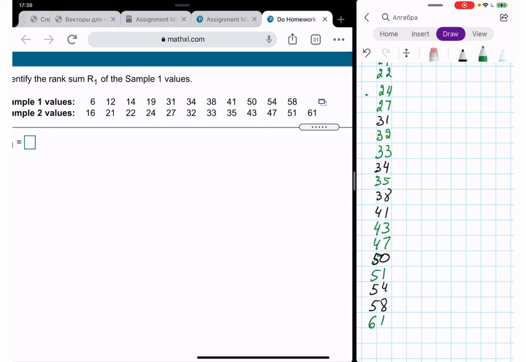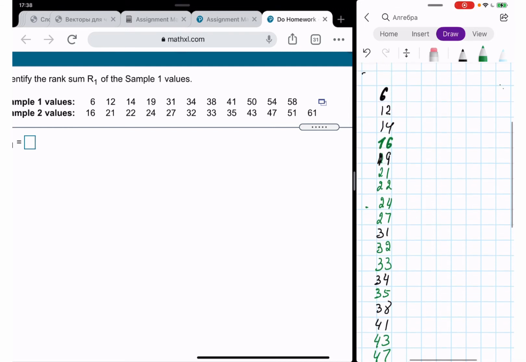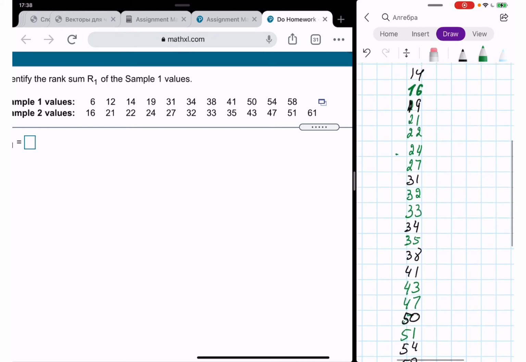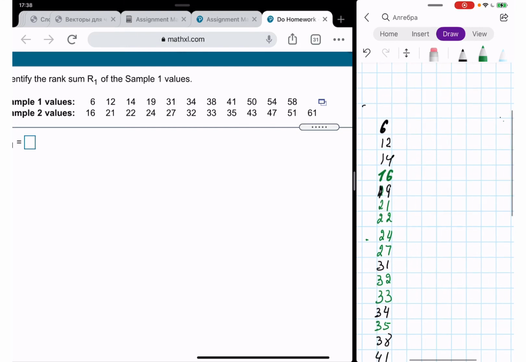So we have total how many? Let me count it. 1, 2, 3, 4, 5, 6, 7, 8, 9, 10, 11. We are good. Okay, so I'm going to write down by rank.